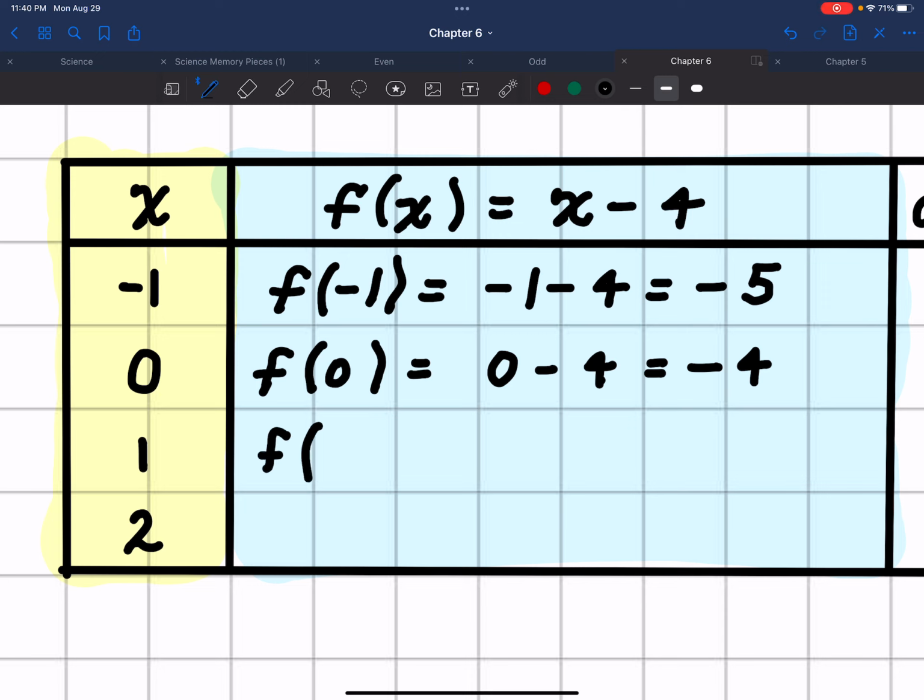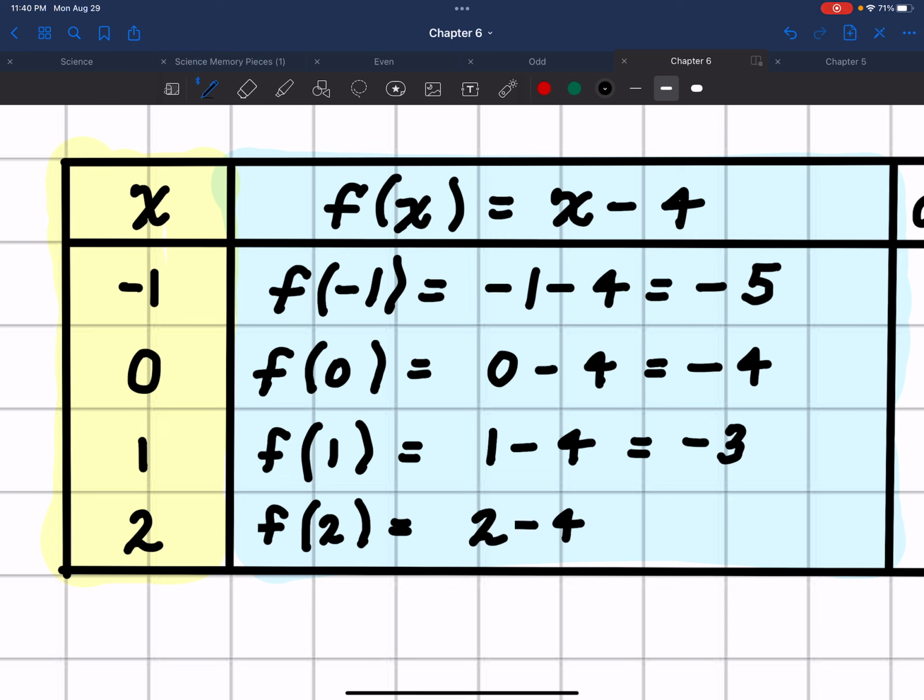Then I substitute a 1, and I get 1 minus 4 is negative 3. I can already tell you the consecutive difference, but we'll finish it. f of 2 is going to be 2 minus 4, and that is negative 2.